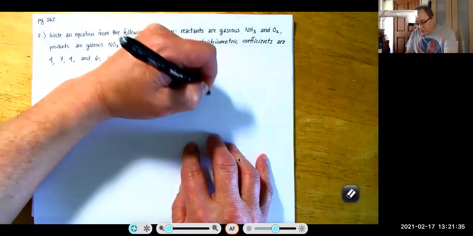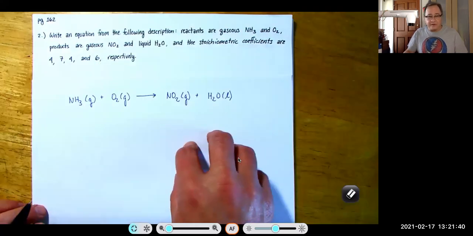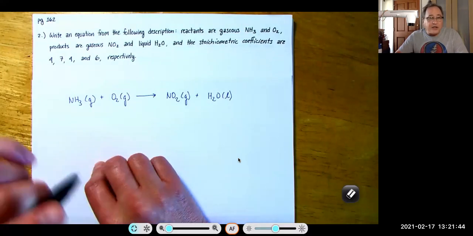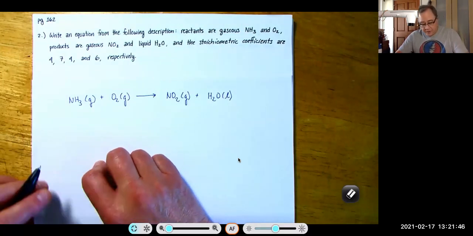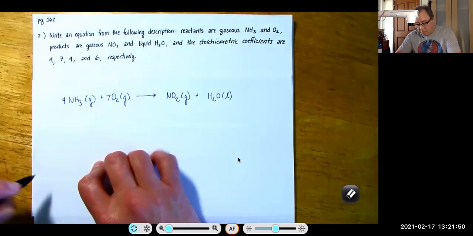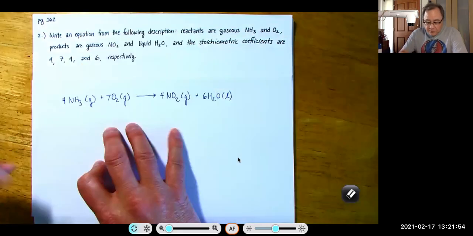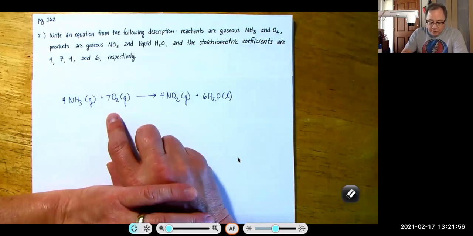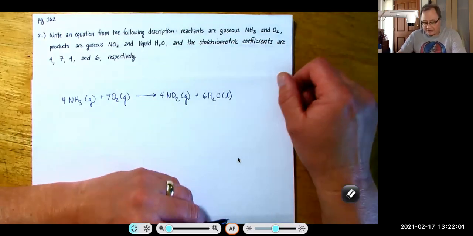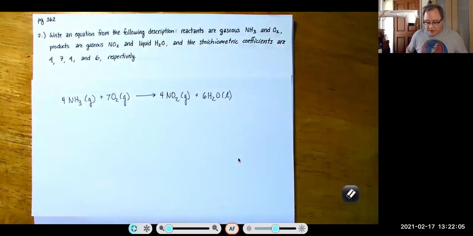And liquid H2O, and for liquid, we use an L. So this is the reaction written out, but it also says stoichiometric coefficients of 4, 7, 4, and 6 respectively. And the respectively means that these coefficients fit the formulas as they were given in the same order. That's all. So this is the equation that you would write out.